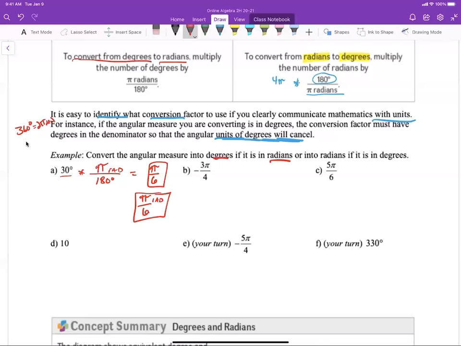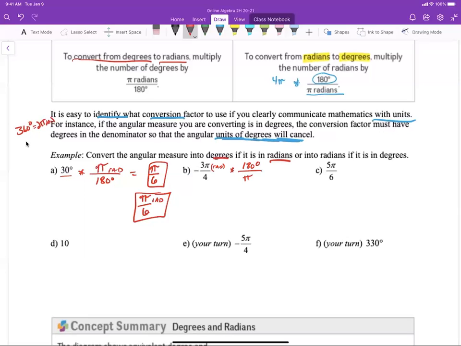B, I have no units there, so we're assuming that that is radians, and I need to get it in degrees. So I need to multiply it by my conversion factor, and that radians needs to be in the denominator because that is an invisible radians up top, okay? So I'm multiplying times, well, there's 180 degrees in pi radians.